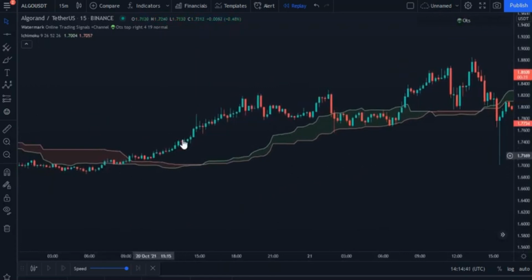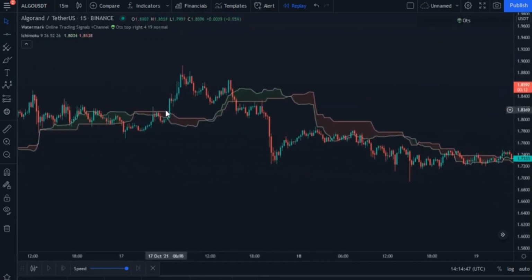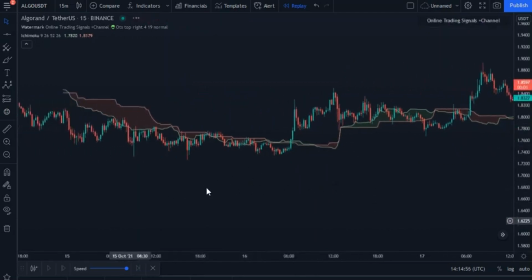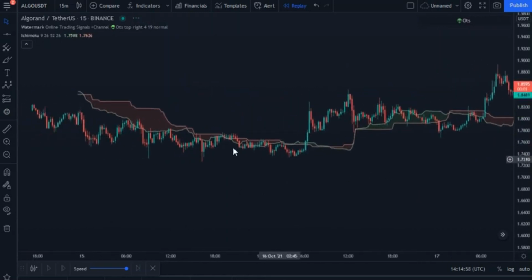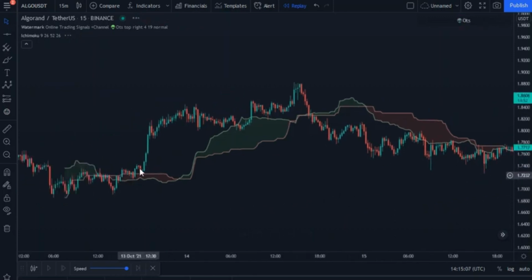Here, it crossed the cloud. Also here. And here. There are many of them, but let's continue the explanation. Sometimes, like this area, the Ichimoku cloud may act as a resistance line, sometimes it may act as a support line, so when the trend crosses it up, a pump may occur.